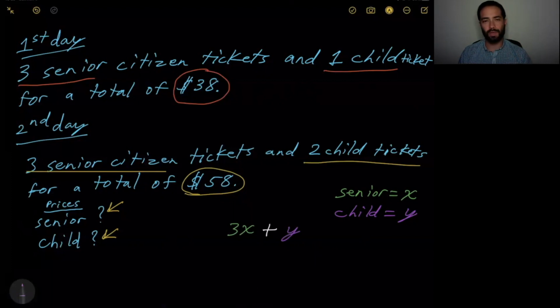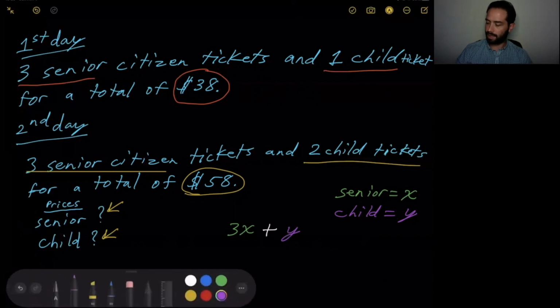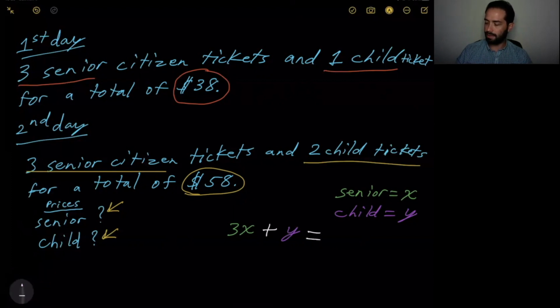If there's more than 1Y, then I would put 2 or 3 or 4 or 5, etc. Okay, so now we set it equal to our total. And what was our total on the first day? $38. All right, there's our first equation. Remember, we are translating English into a math statement using math operations.